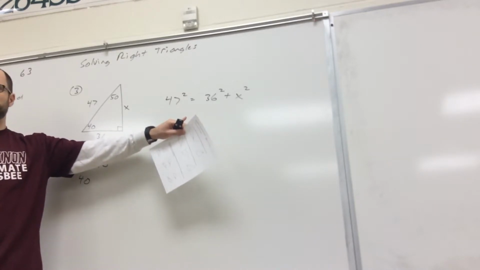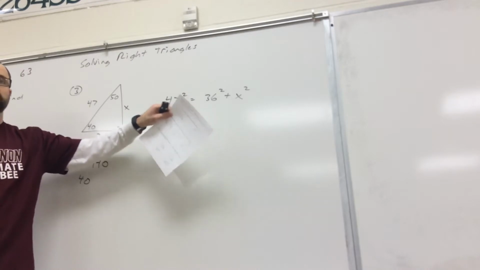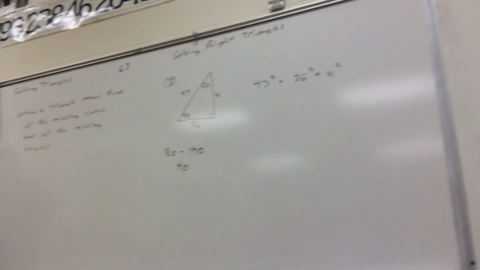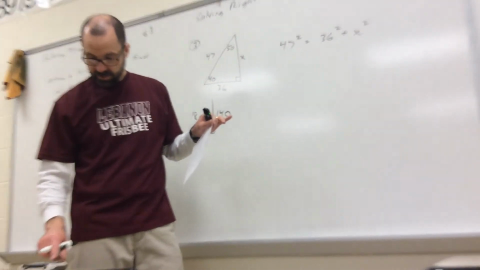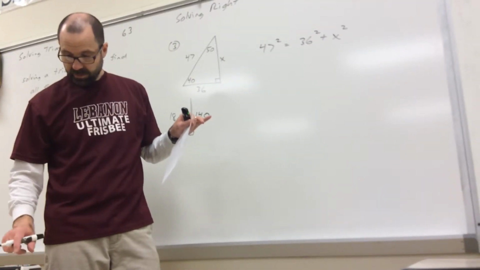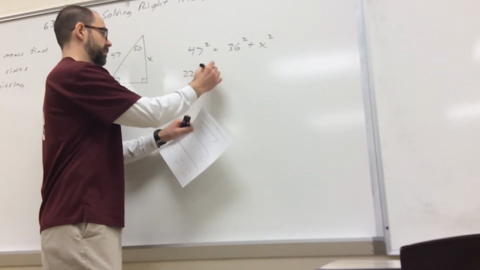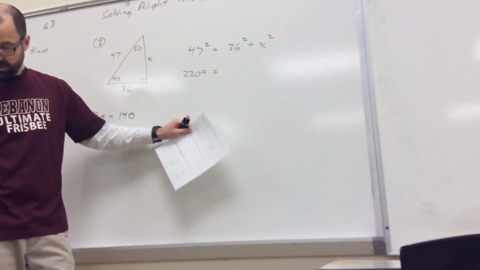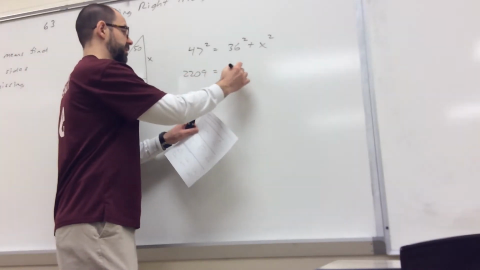Don't forget that when you do the Pythagorean theorem, the hypotenuse goes by itself. So 47 squared is 2,209. 36 squared is 1296.